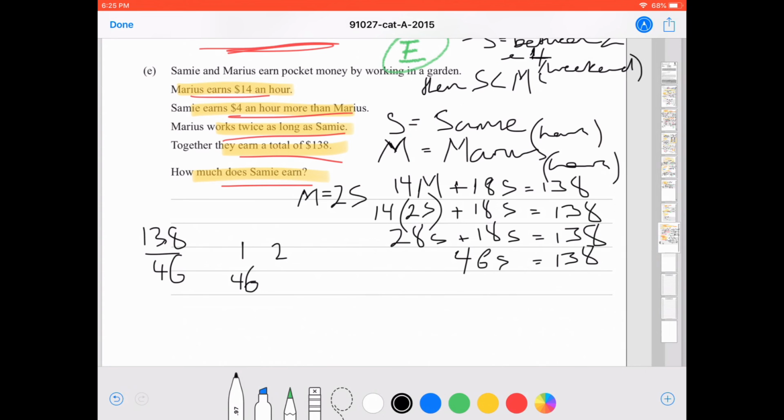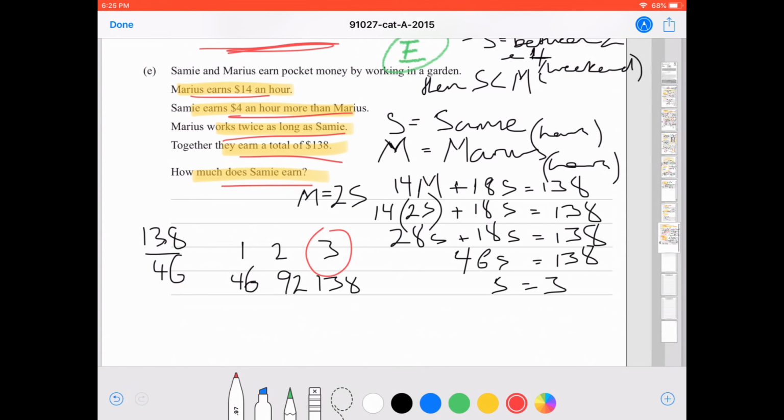Second is going to be 92. And third, 92 plus 46. Well, 92 plus 40 is 132, plus 6 is 138. Okay, so it's going to be 3 hours worked for Sammy. S equals 3 hours worked.